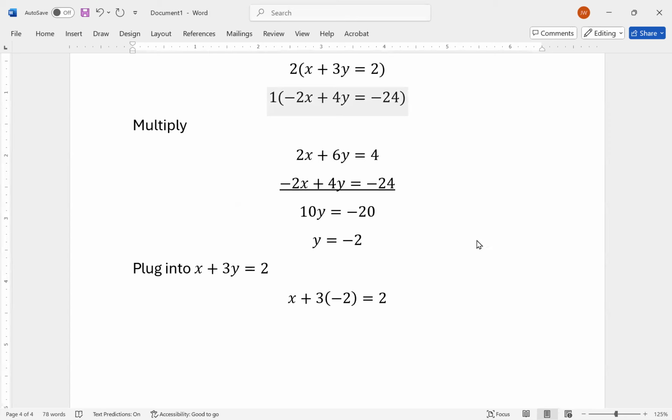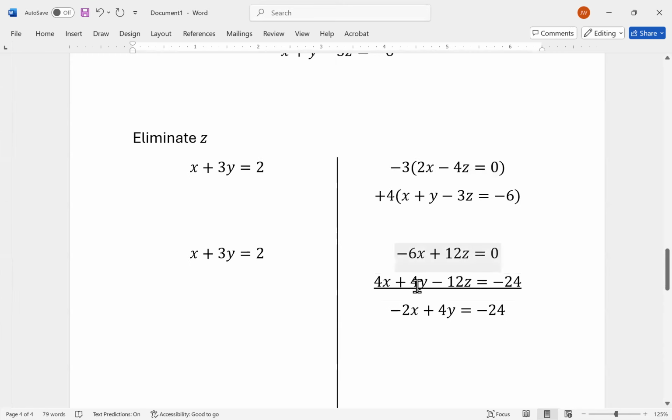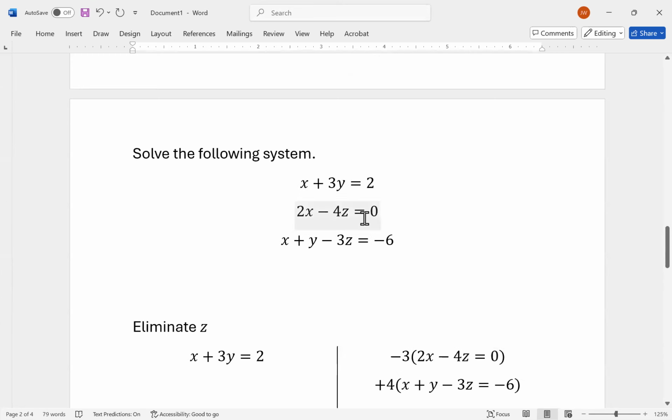If I add 6 to both sides, I get an x value of 8. Once I have those two, then I can plug it into any of my first equations that involve a z in order to find the z. So I can either plug it into the second equation or the third equation. Plugging the x and y into this first equation doesn't help me. I'll take the simpler of the two.